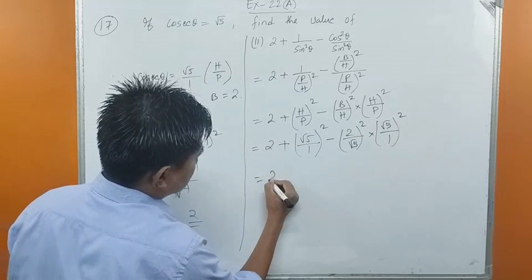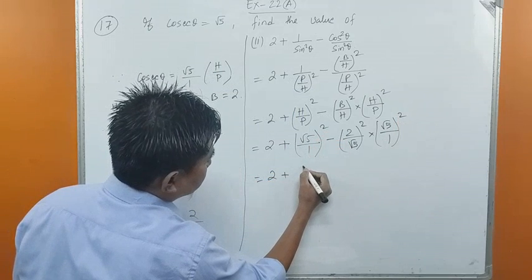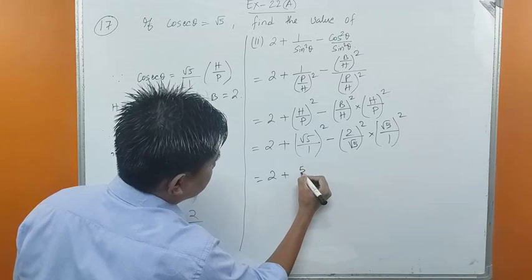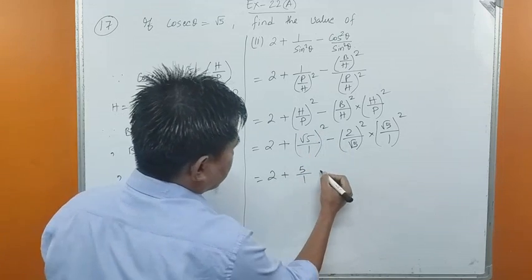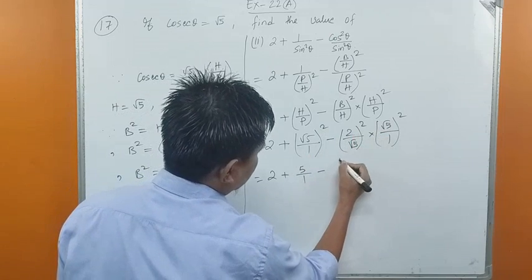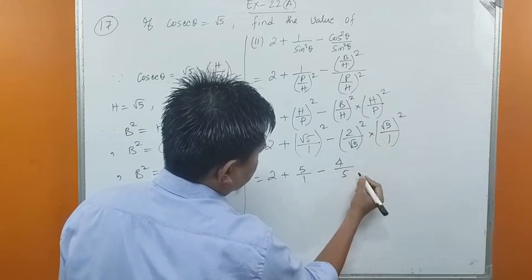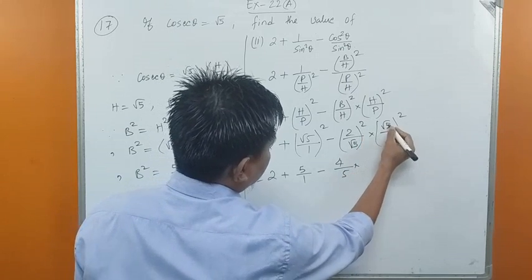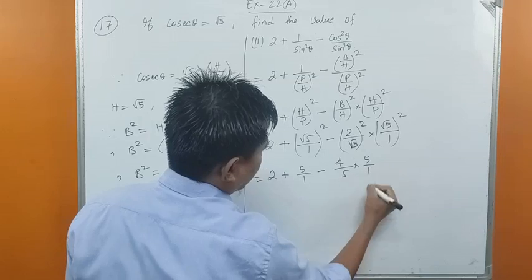So this gives us 2 plus root 5 squared, which means root 5 into root 5, which is 5, upon 1 squared, which means 1, minus 2 squared is 4 upon root 5 squared is 5. Okay, into root 5 squared is 5 upon 1 squared is 1, isn't it?